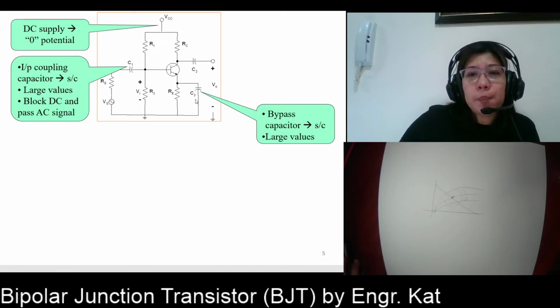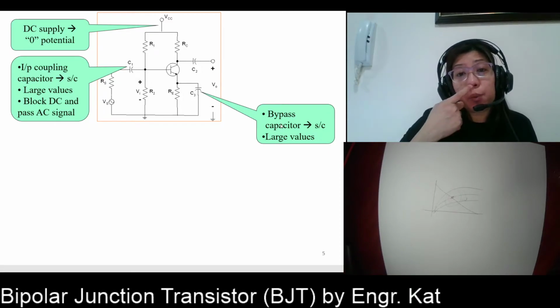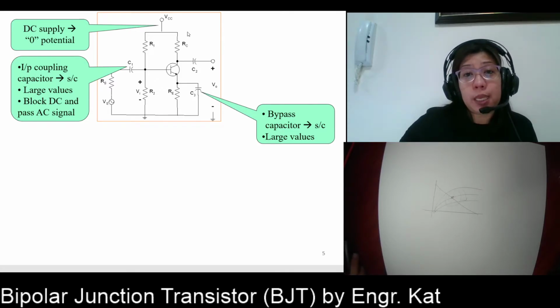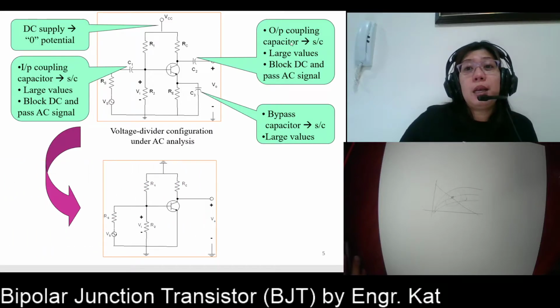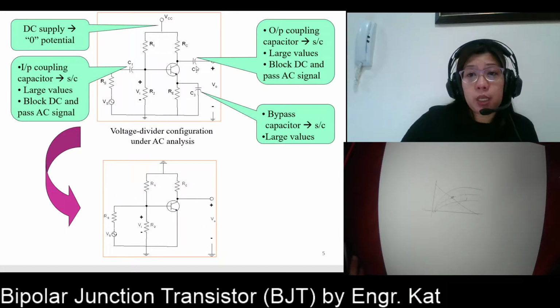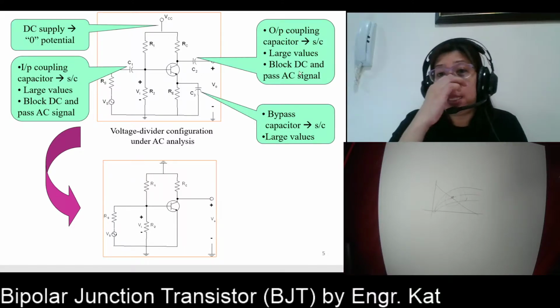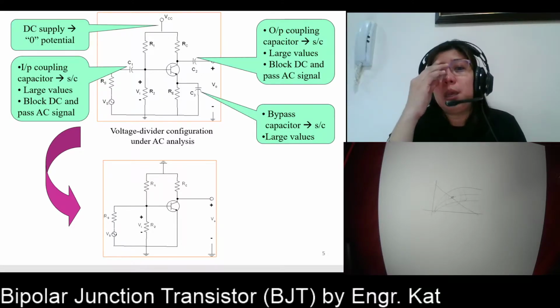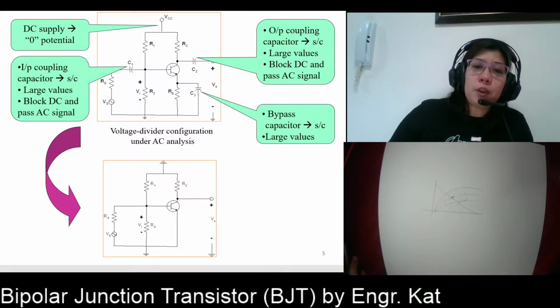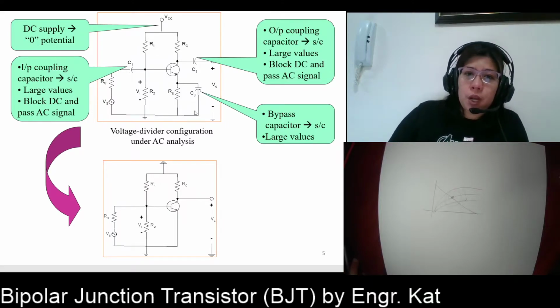So we have here a bypass capacitor. Later we will be discussing the importance of this bypass capacitor. The bypass capacitor will likewise be a short circuit, so it has large value during AC condition. And then your output coupling capacitor will again be turned to a short circuit, okay, which blocks your DC and lets your AC signal pass. So for our voltage divider configuration under AC analysis, it will look like this.